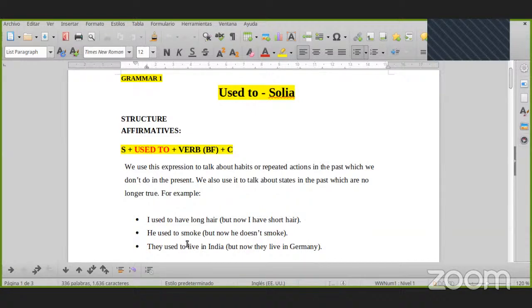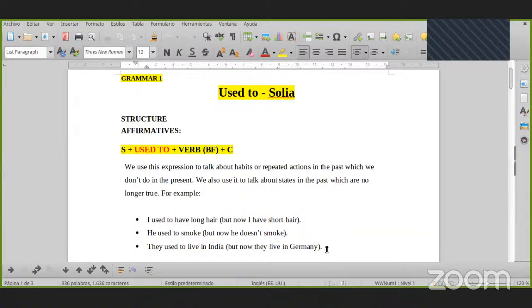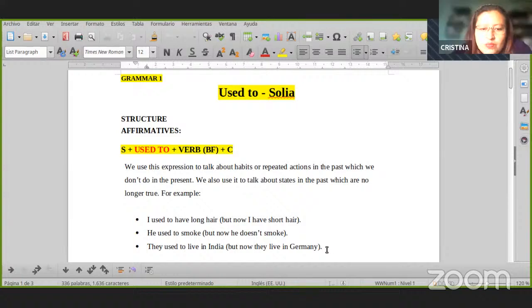He used to smoke, in affirmative, but now he doesn't smoke. They used to live in India, but now they live in Germany. What about you, Chris? Something that you used to do and now you don't do. One action that you could mention?